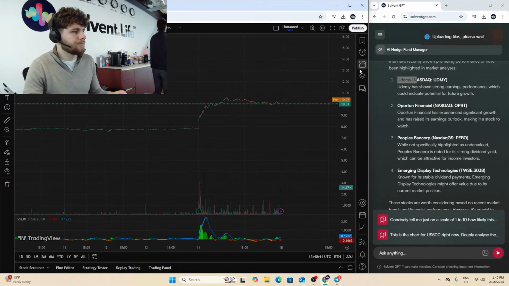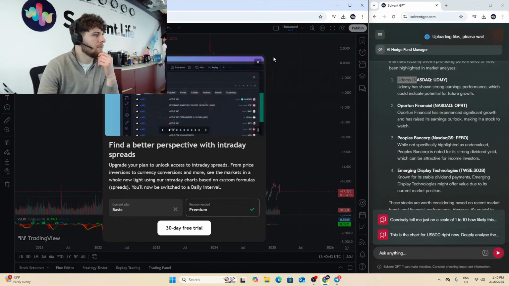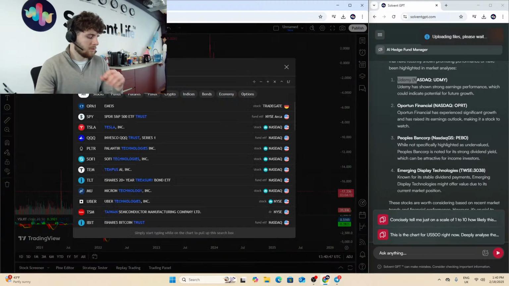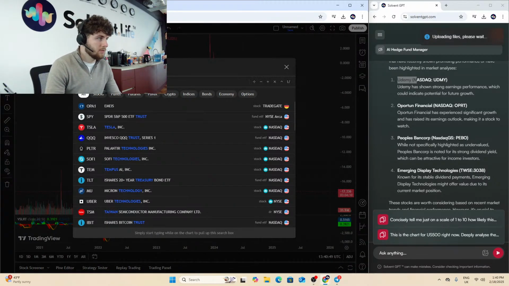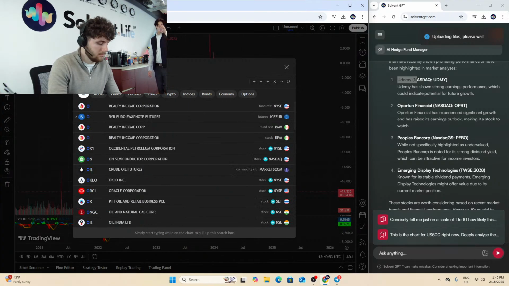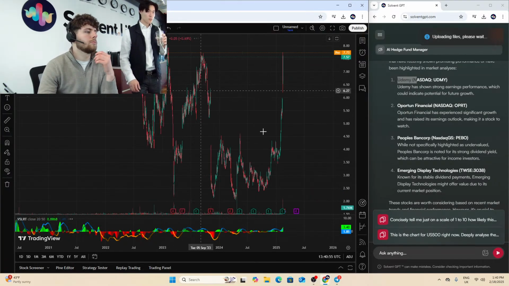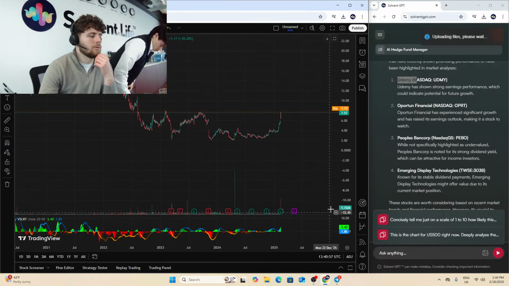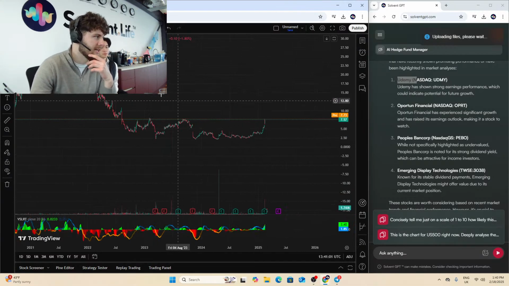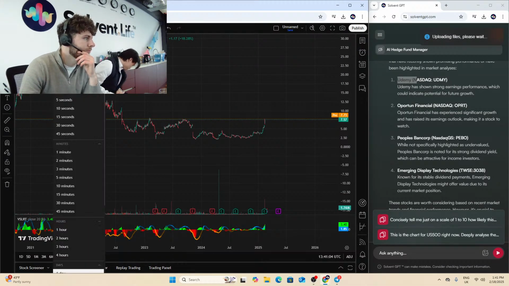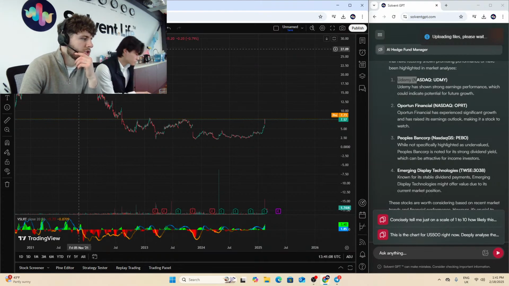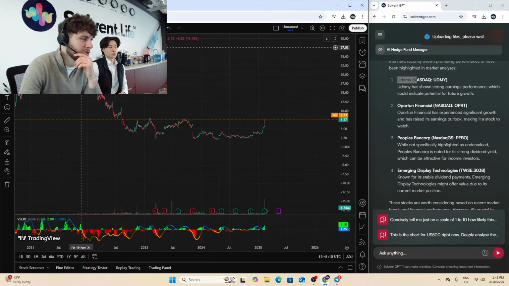ORPT. Wow. Again, a very similar stock in terms of the pattern it's taken. So very undervalued compared to previous valuation.